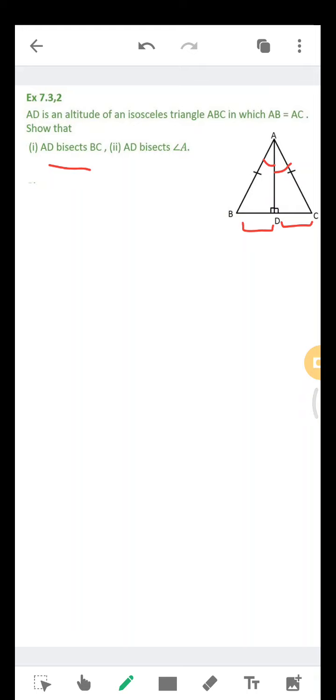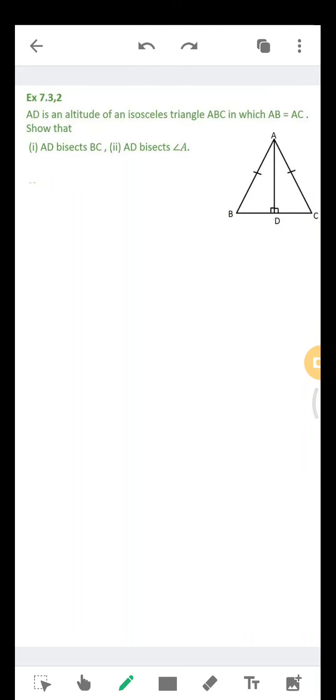In an isosceles triangle, this altitude will always bisect the base as well as the angle. This is the property of an isosceles triangle. So we'll prove this first, then we can use it whenever required.